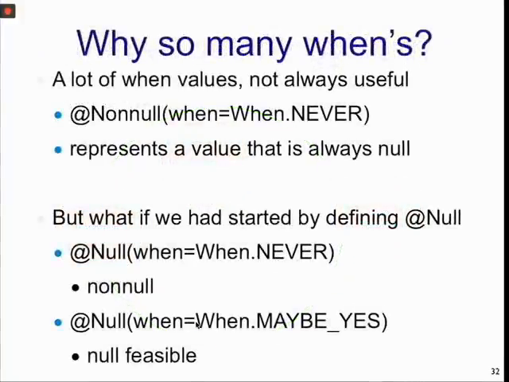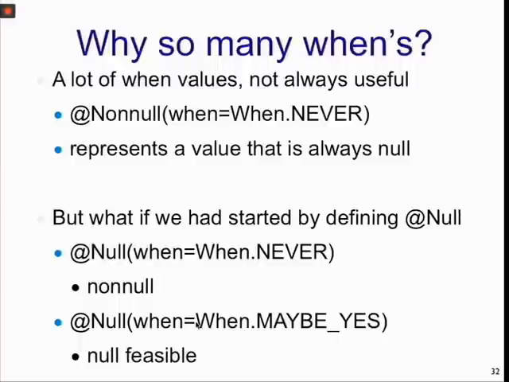Okay. So there are a lot of when values, and they're not always useful. Like we could use non-null when equals when.never to locate a place where only null is possible. Right? So you could annotate that. It's not particularly useful. But on the other hand, if you want to have annotations about nullness, what do you start with as your building block?